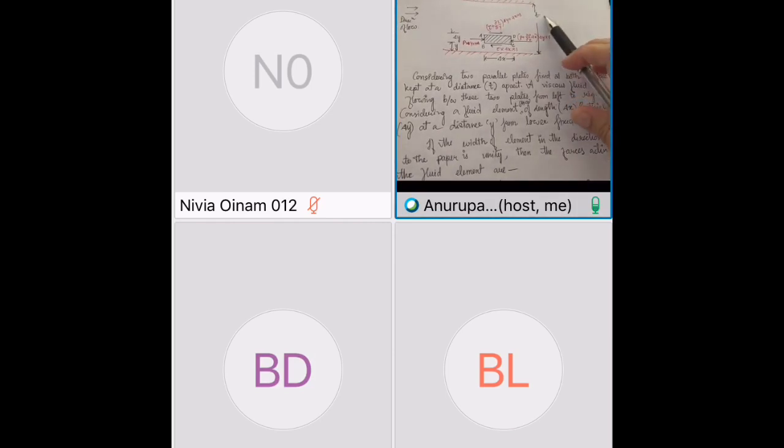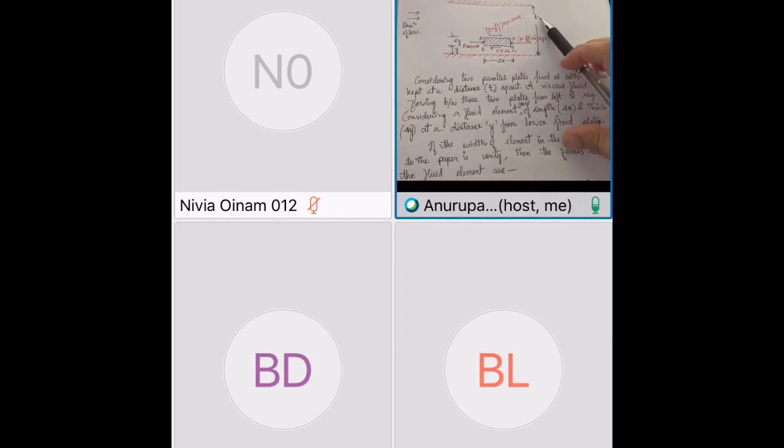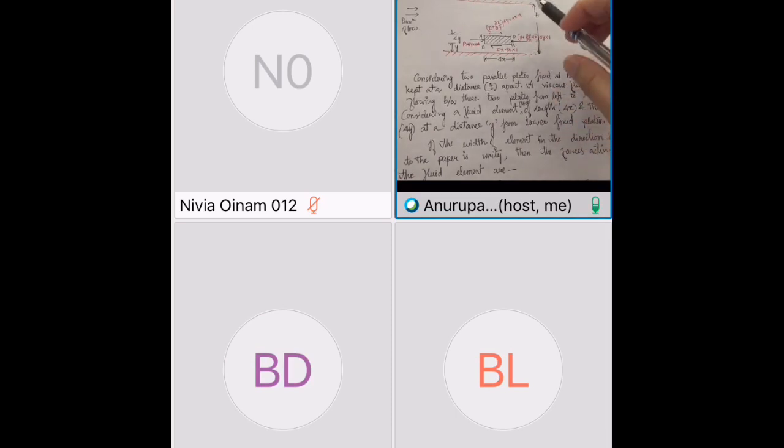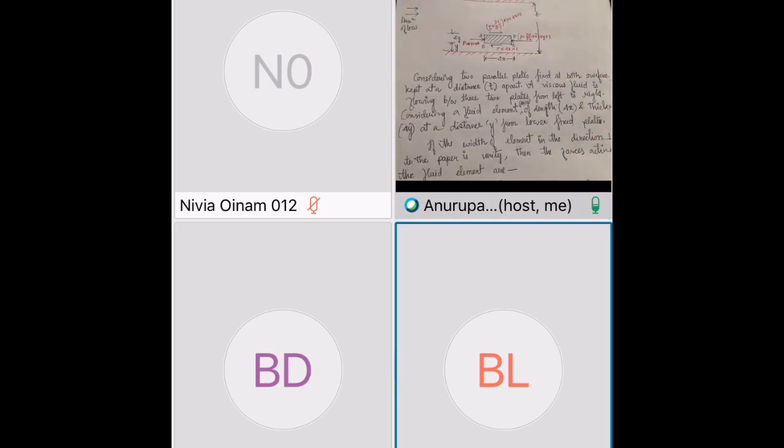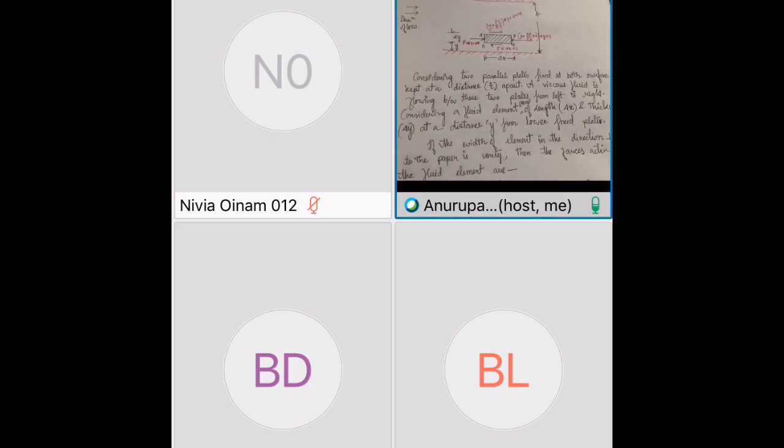The two plates are separated by distance t. Considering two parallel plates fixed at both surfaces, kept at a distance t apart, a viscous fluid is flowing between these two plates from left to right.